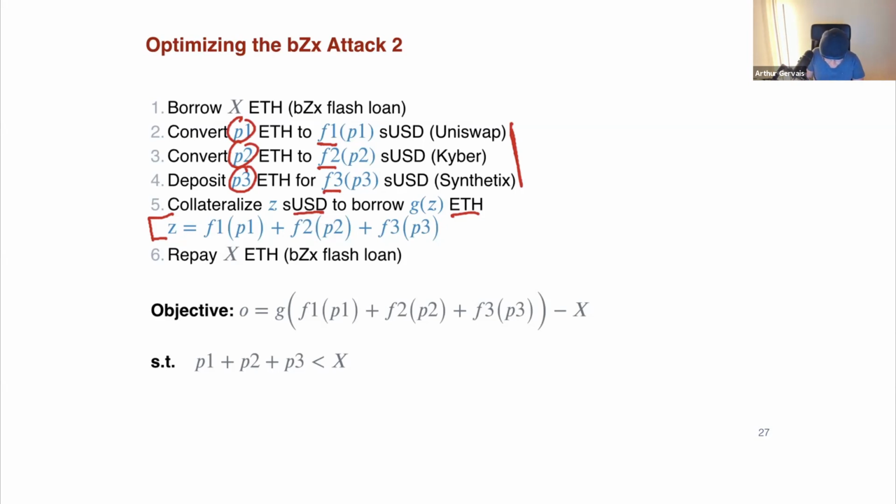Obviously, there's a last condition. We always have to repay X Ether back to the flash loan provider. So the objective that we want to solve is the following, such that P1 + P2 + P3 is smaller or equal than X in this particular example. So we can't have more than X because this is the amount of Ether that we are lending out from the flash loan pool.